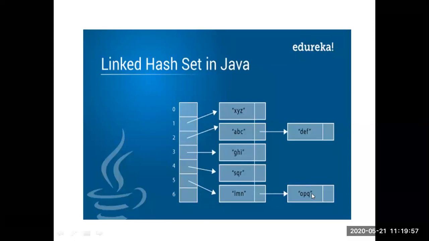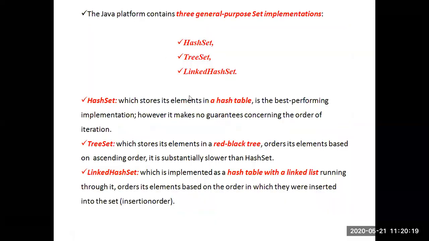Sometimes the hash function will give the same bucket for 2 or more elements. When the same bucket is allocated for 2 or more elements, those elements will be saved internally by using the concept of linked list. That's why the third one is the LinkedHashSet.